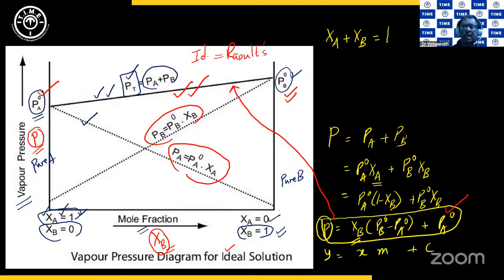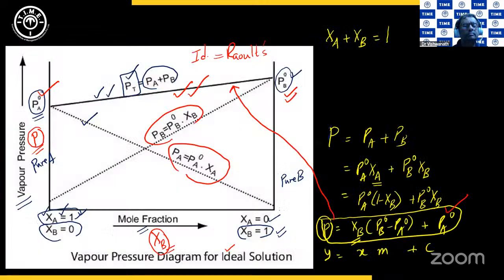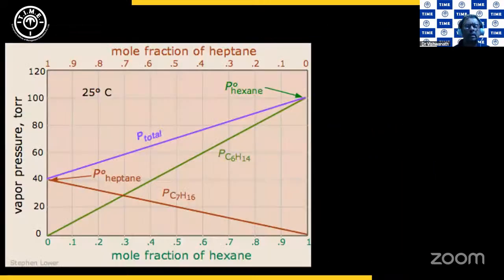Now we'll take a real example. We have seen the examples here in the previous one. Benzene, toluene, hexane, n-heptane. So n-hexane, n-heptane plot we'll see now. Yeah, this is between heptane and hexane. So have we not got a straight line?